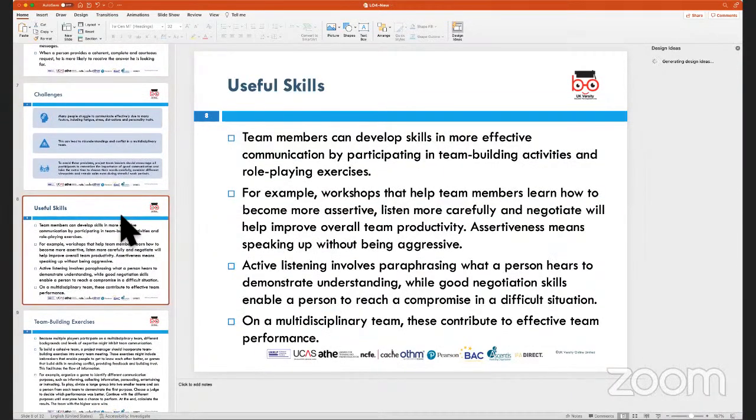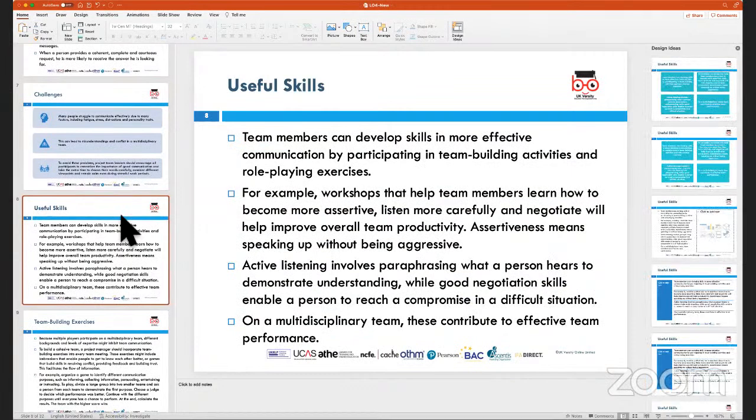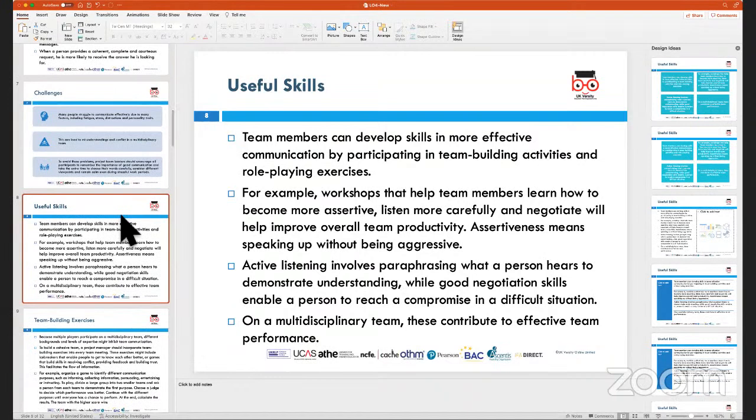Then we look at sharing of useful skills. The reason we look at useful skills is that when people work in teams and groups, they come from different backgrounds, bring different experiences, and obviously have different skills.